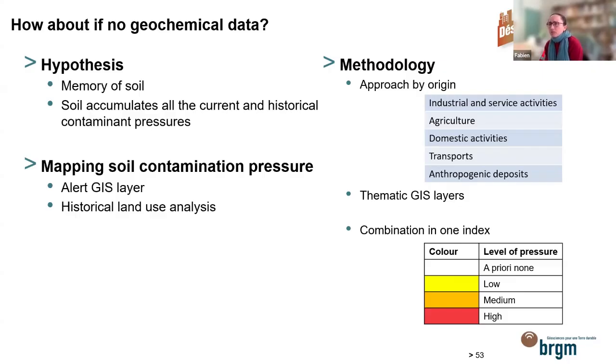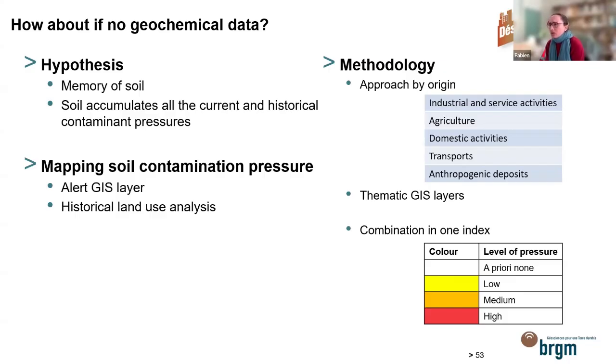So the maps that I'm going to present were developed within this project, and the methodology adopted was first an approach by origin of contaminants, first considering industrial and service activities, also agriculture, domestic activities, transport, but also anthropogenic deposits as sources of contaminants, so diffuse and point source contaminants.